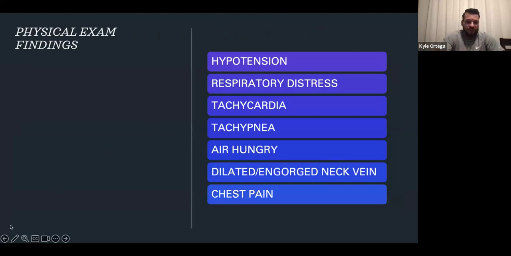Physical exam findings include hypotension, respiratory distress, tachycardia, tachypnea, air hunger, dilated, engorged neck veins, and chest pain.